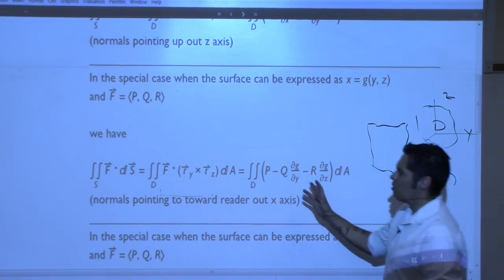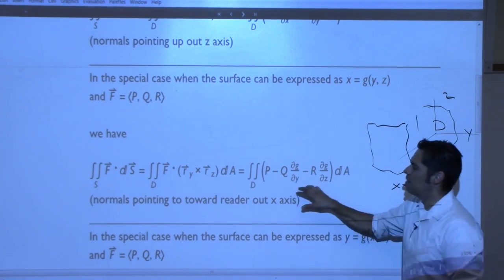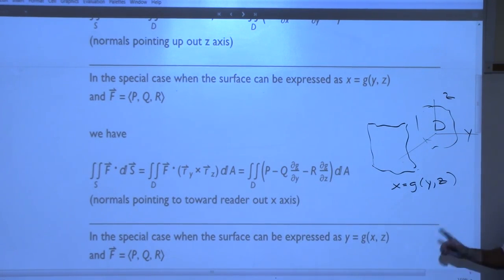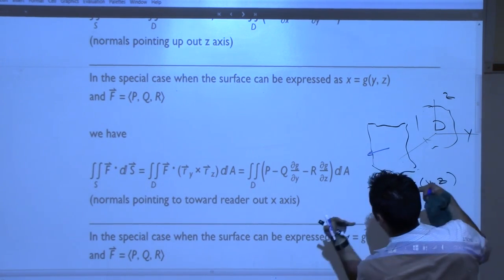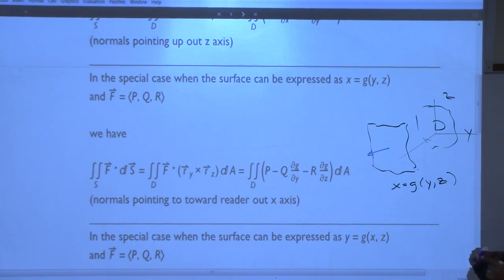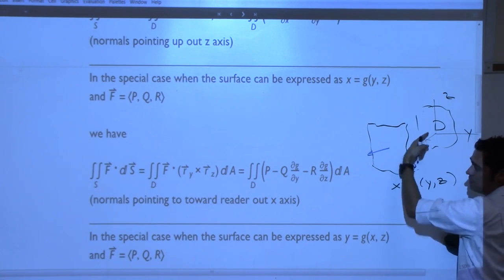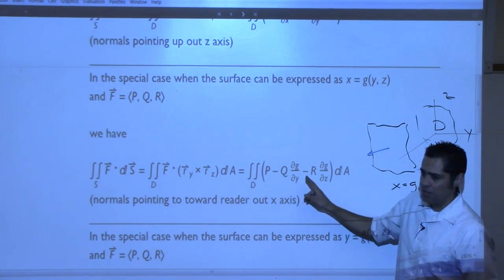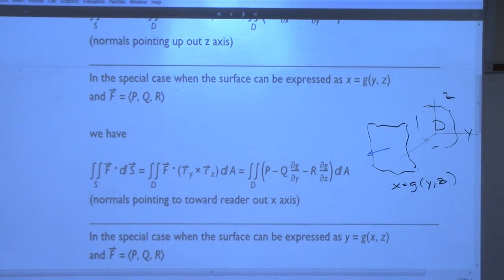Then you don't have to go through all this mess of coming up with the formulas and crossing them. This is it right here, as long as you treat the normals as the ones pointed out towards us. If you want to make your normals go into the page, or towards the negative direction of the x-axis, then these will all change again. Negative, plus, plus.